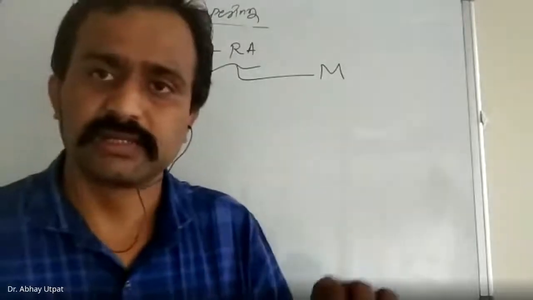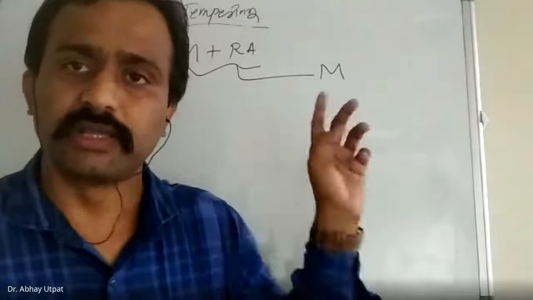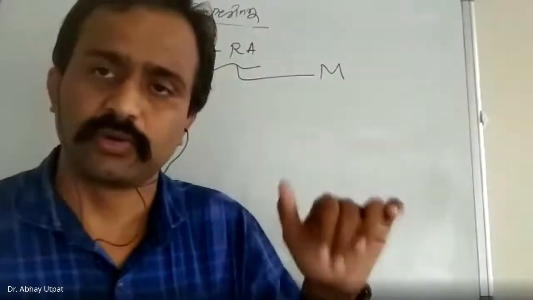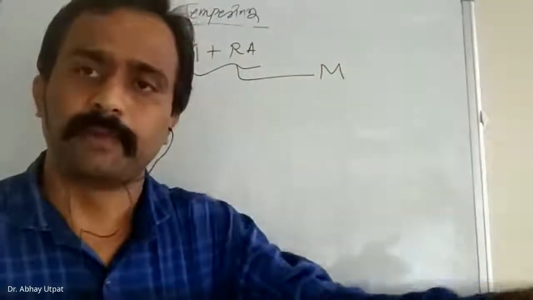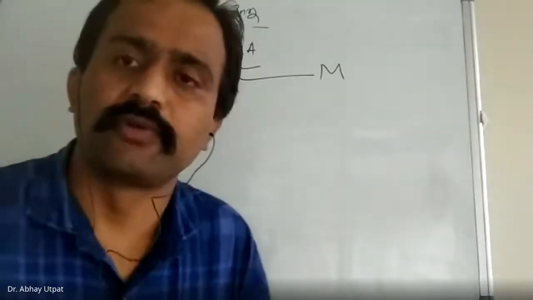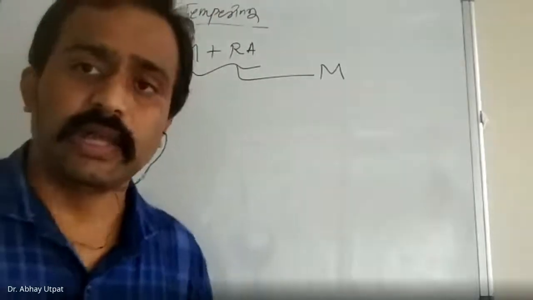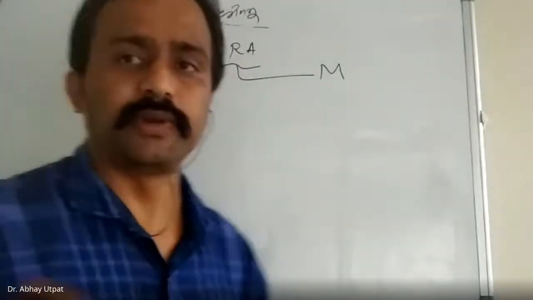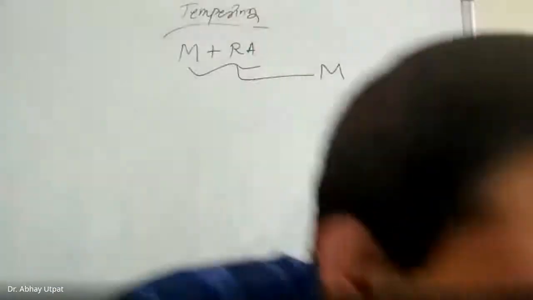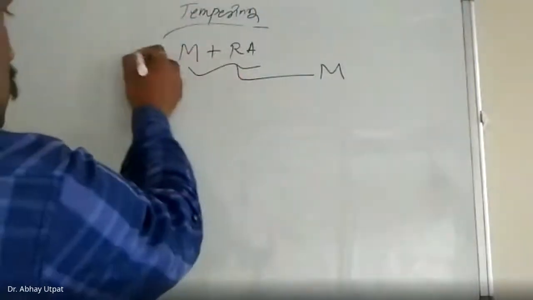That's why only elimination of retained austenite is okay, and the low carbon martensite produced from it is also okay. This will happen by heating at 150 to 250 degrees Celsius. Now, this is LTT.